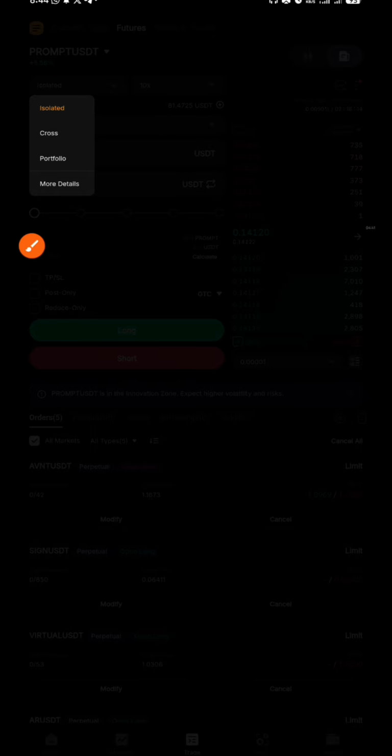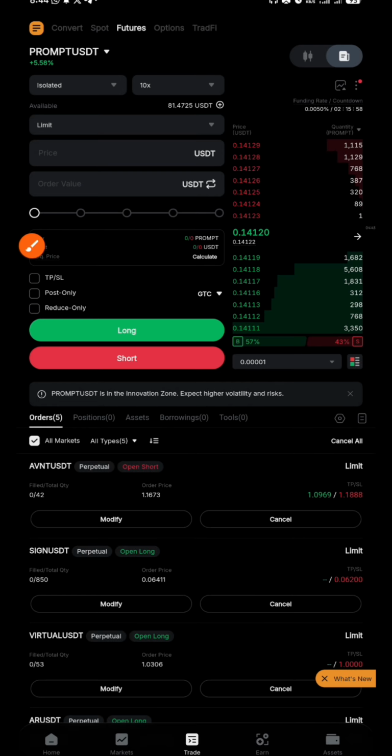Now what does it mean? What isolated means is that, let's say you are trading with $10. You are telling the system that if you lose the $10, it will stop at that $10 alone. Maybe you enter the trade and it goes into loss. You don't want to lose more than $10.